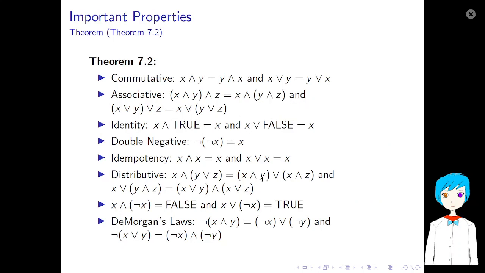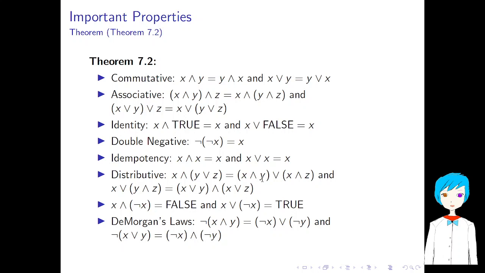Here are some important properties and theorems for Boolean algebra. Commutative, which means we can exchange the computing sequence for and, or. Associative, just like the associative for normal algebra: (x and y) and z is x and (y and z).